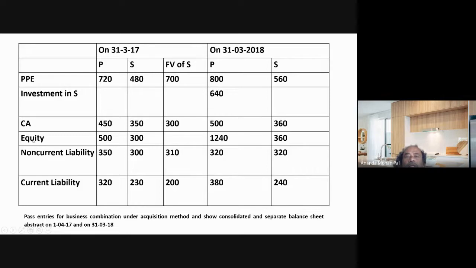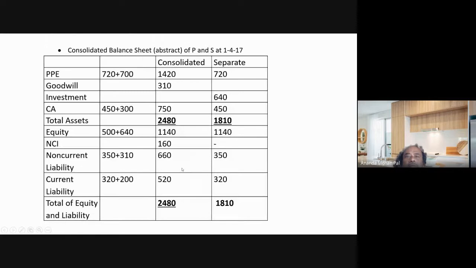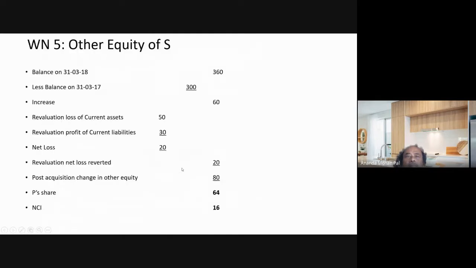It is called equity. Let me see. 360. Now, other equity is not 360. The balance of equity is 360, and the balance one year before is 300.